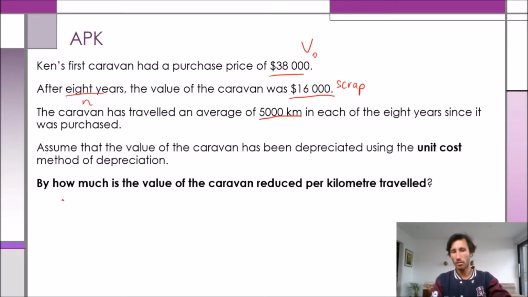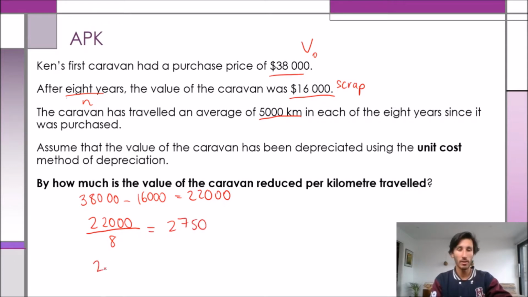Well, how we do this is we start off with figuring out the difference between the initial value and the scrap value, which is 22,000. Then we divide that by the number of years. Some people might want to combine these next 2 steps, but we'll separate them.